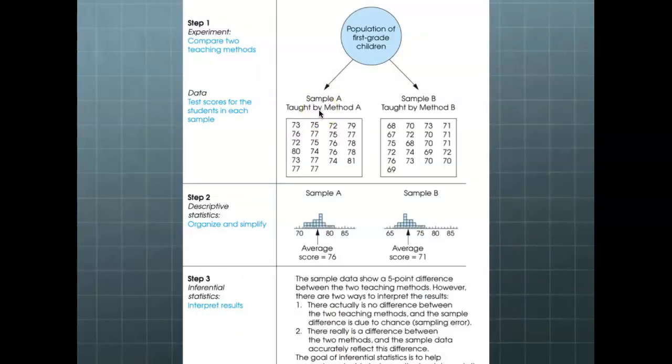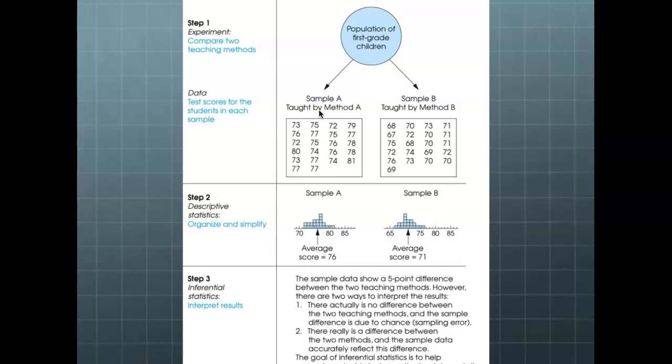So for example, we want to find out which teaching methods are more productive in a population of first grade children. We cannot observe every single first grader. It's just not possible.